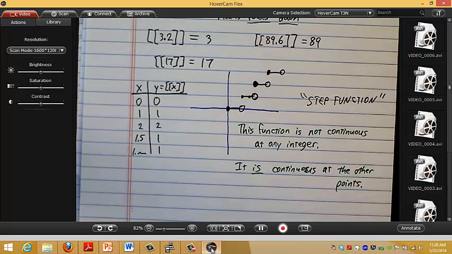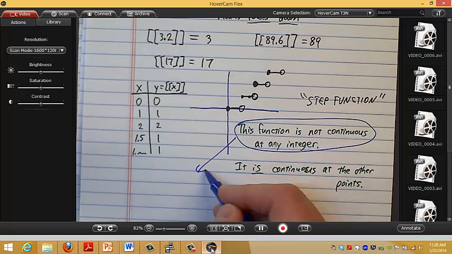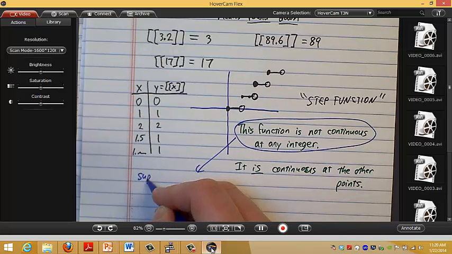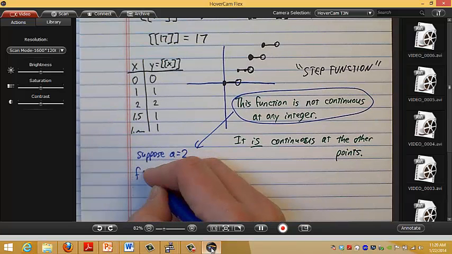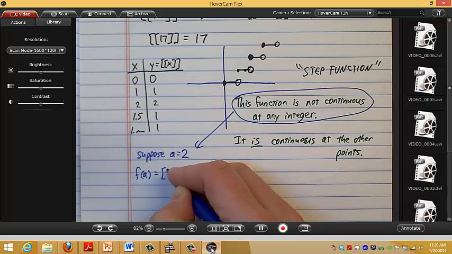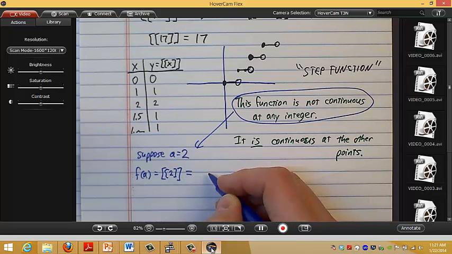Now, when I say it's not continuous at any integer, I really need to give you an example of that, okay? So, suppose A is the number 2, okay? Now, f of A, which I'm saying is the greatest integer of 2, what does that equal? 2.